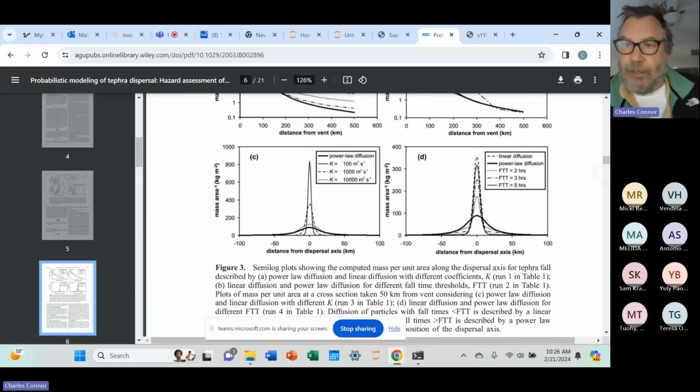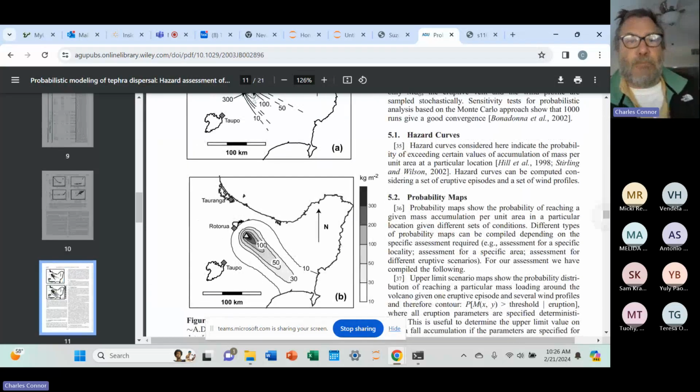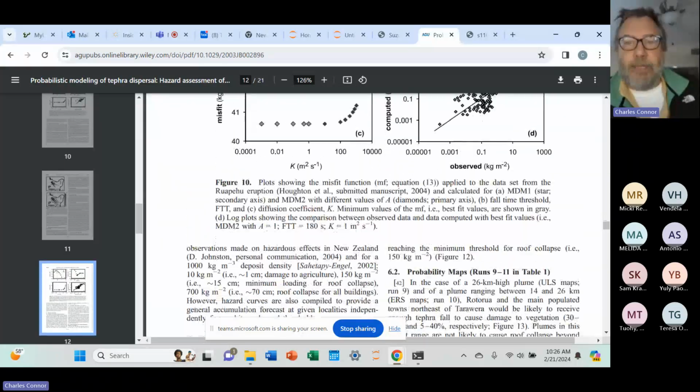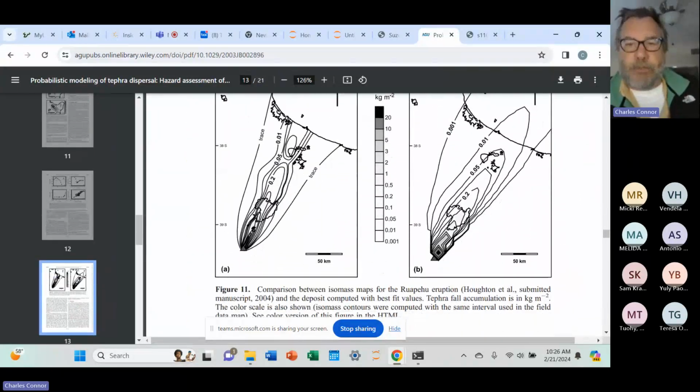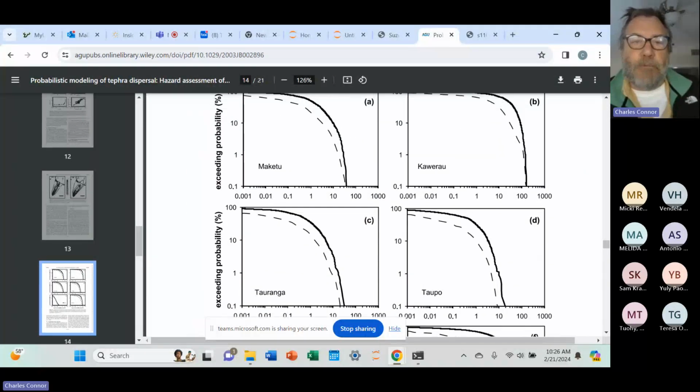And ultimately, Costanza used this to develop both maps of past eruptions and hazard curves, somewhere down here. There are hazard curves for how much tephra might accumulate in a given spot given an eruption of the volcano.